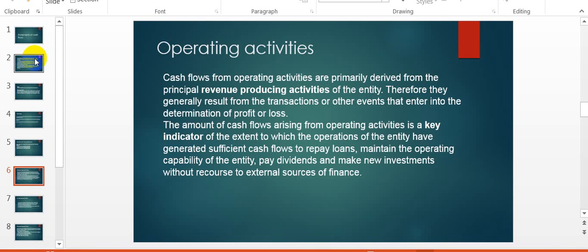Vice versa, if receivables have gone down, it means you've collected more than you have given out on credit. What of payables? If payables have gone down, has cash gone out or has cash come in? Cash has gone out because you've paid out more than what you've borrowed in terms of goods. Okay?